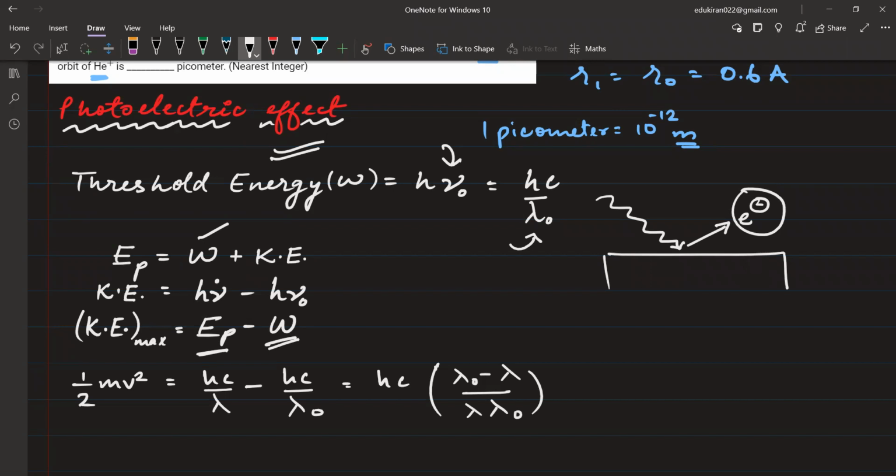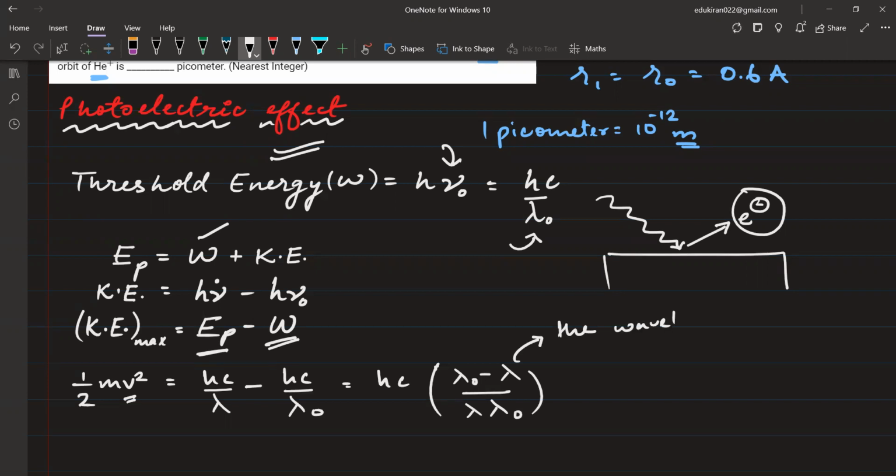We can also write half mv square. Sometimes they will ask you the velocity. So half mv square will be equal to hc upon lambda minus hc upon lambda naught. This lambda naught is for the threshold frequency. Now hc will be common, and we can write lambda naught minus lambda upon lambda into lambda naught. So this lambda is what?